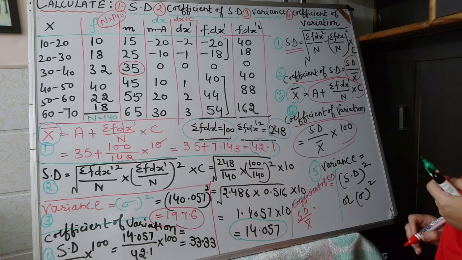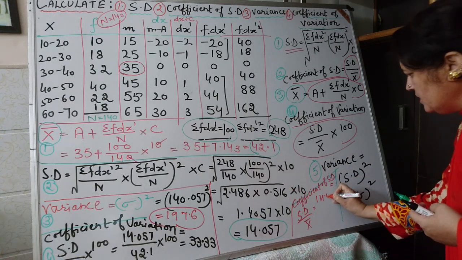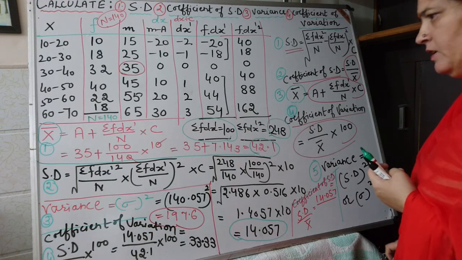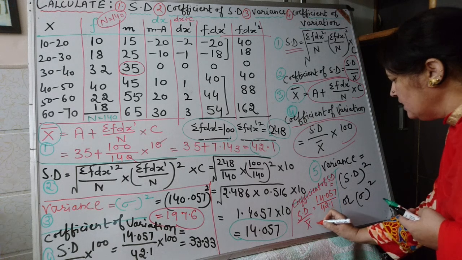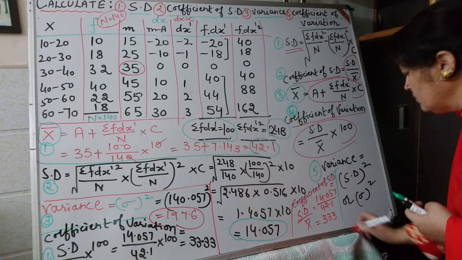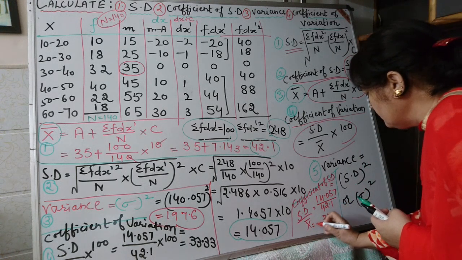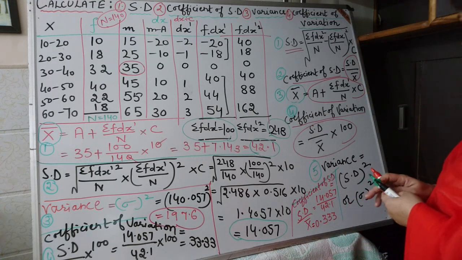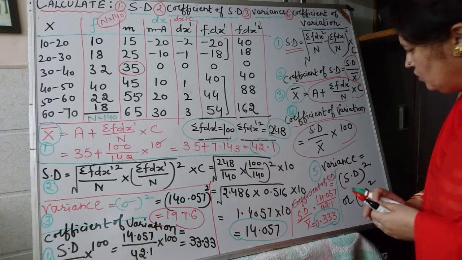The value of standard deviation is 14.057 divided by the arithmetic mean, whose value is 42.1, and the answer will be 0.333. This is the answer of the coefficient of standard deviation.